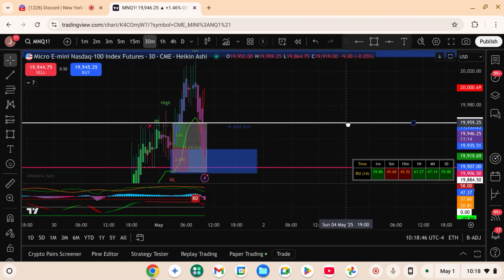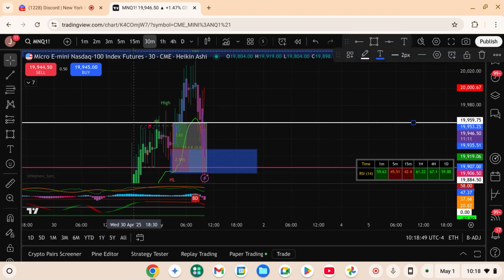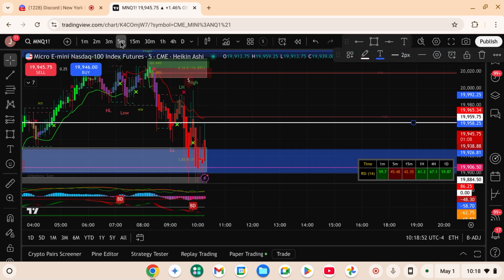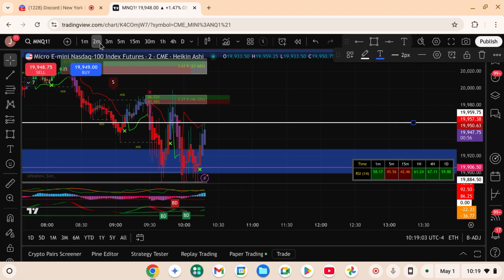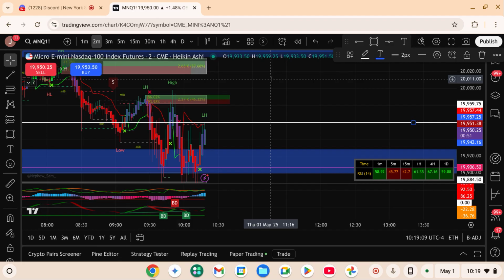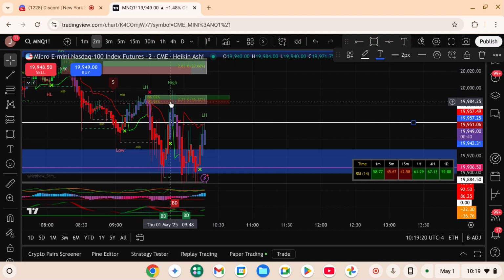So let me adjust that a little right there. So this order block right here was already tapped into. So if it breaks through here, it should target this one.